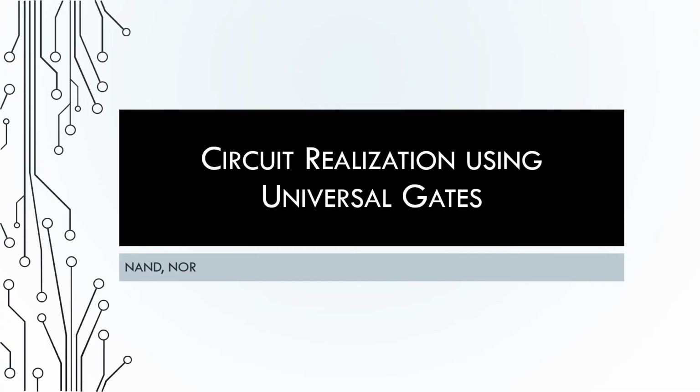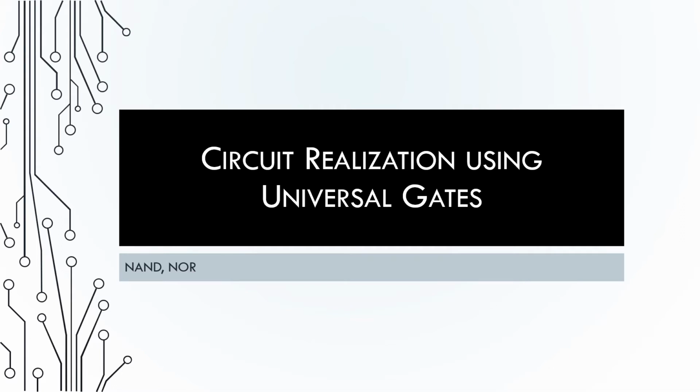Now we know how to realize the logic circuits for the given SOP expression as well as for the POS expression. Now let us look into how to realize circuits using universal gates. The universal gates are NAND and NOR. So we are going to look into how we can implement a given Boolean expression using NAND gates alone or using NOR gates alone.